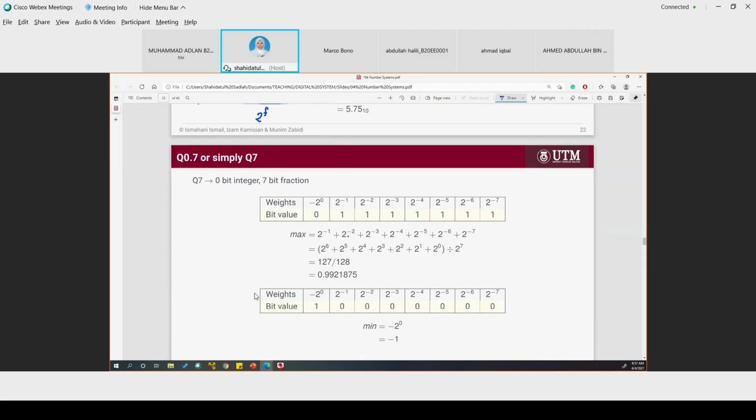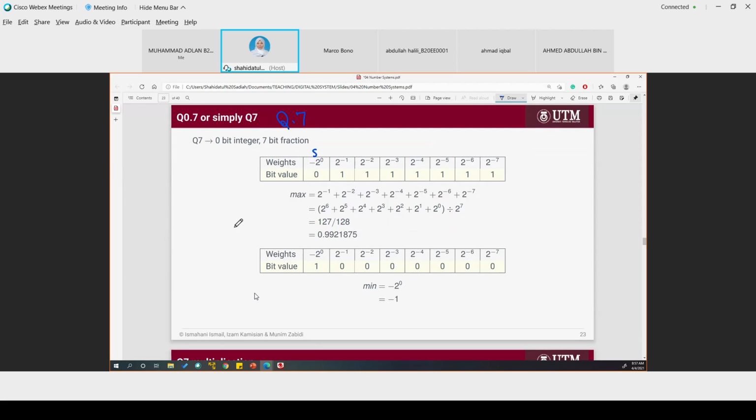Now let's look at Q0.7, or Q7, or Q.7. This is a Q format where we have 0 integer bits, no integer bit at all, and 7 fraction bits. But it is an 8-bit binary because we need 1 bit for the sign bit.